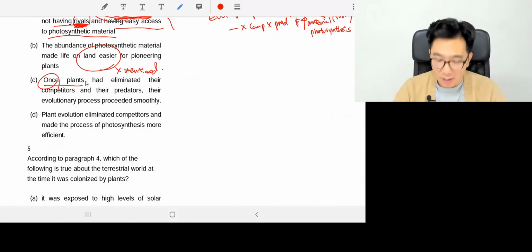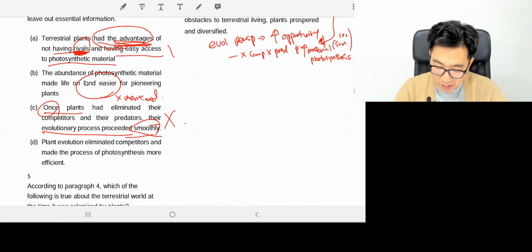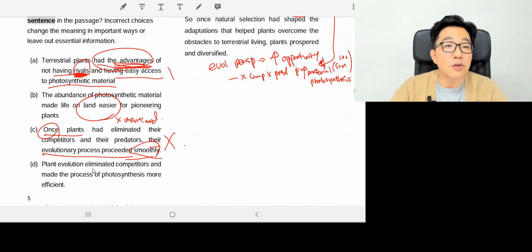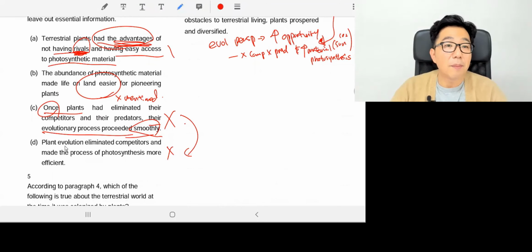No. Their evolutionary process proceeded smoothly. Oh my God, completely different meaning. The plant evolution eliminated competitors, same thing. Terrible. Pretty funny, I think, anyway. I have a unique sense of humor, maybe.